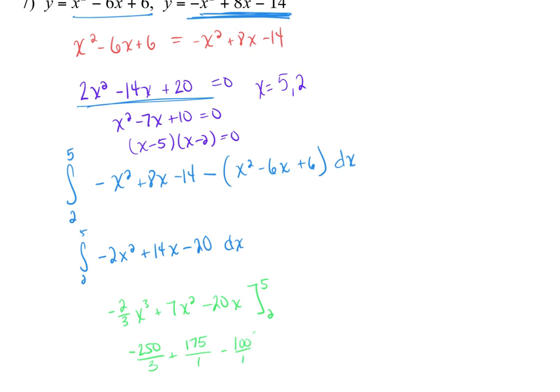Anyway, subtract the 2's. So we have 8, so negative 16/3 plus 28 minus 40. Simplify, this guy is 75. This guy is negative 12.